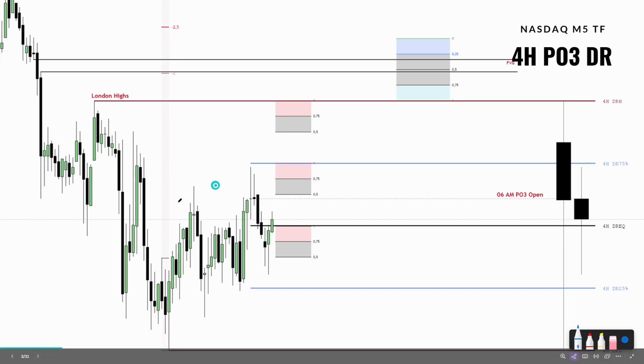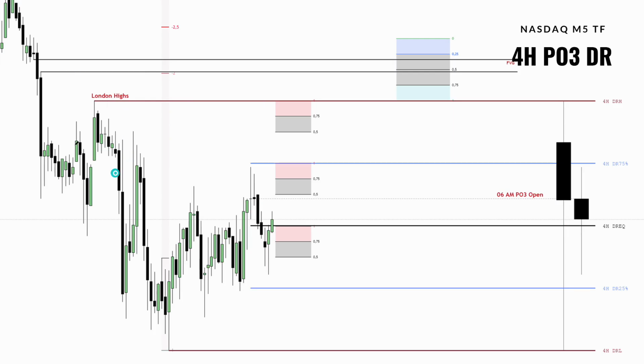One example here, 4-hour power of 3, 5 minutes chart. This is the 4-hour dealing range. Price opens between equilibrium and the 25. So you will expect bullish moves here, for example, when price closes above the equilibrium.